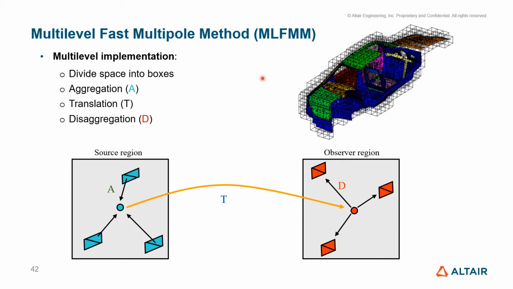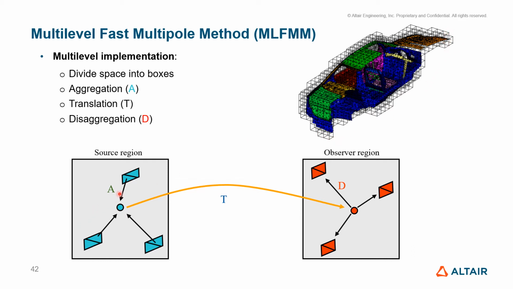That means each triangle in this box will be interacting with the other box, etc. But let's say I take one box here and one box here. They're electrically far away, so I don't need to consider each triangle, but I can take the total effect of this box and the total effect of this box here.